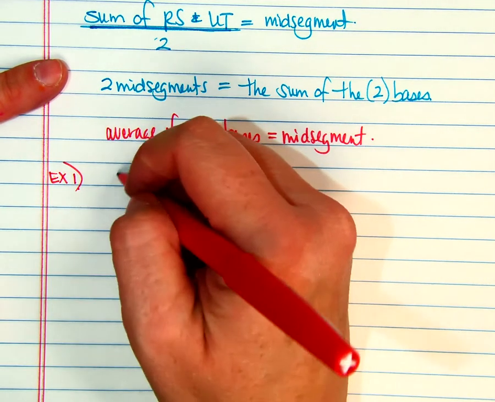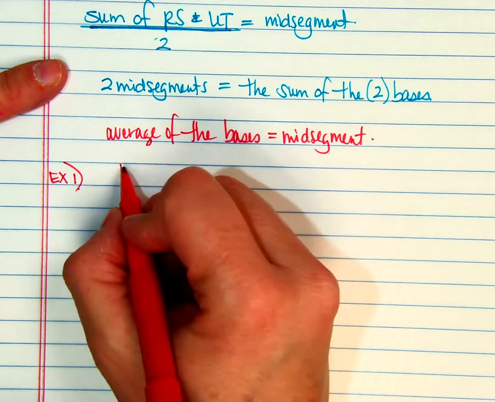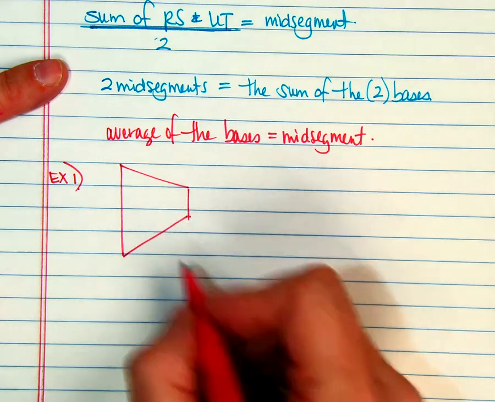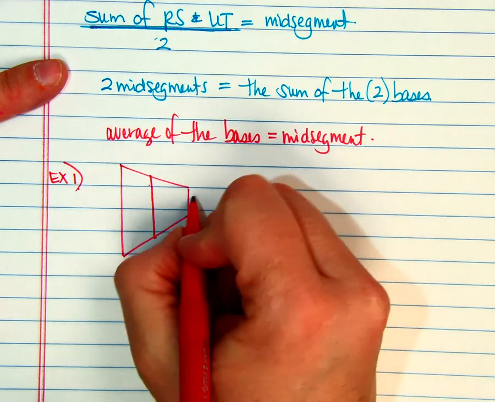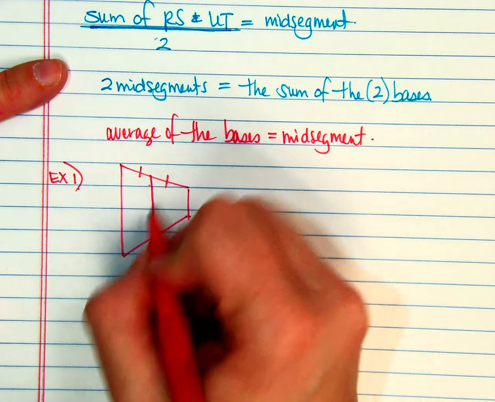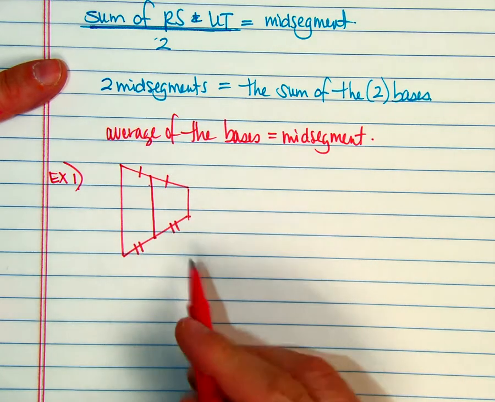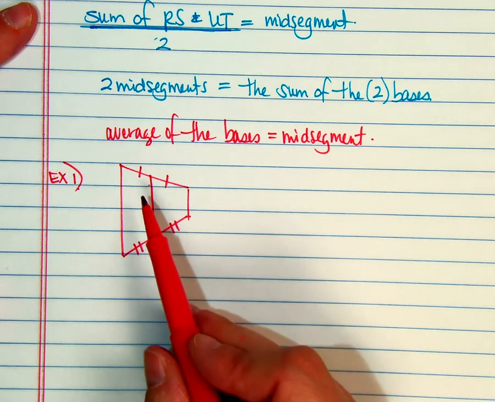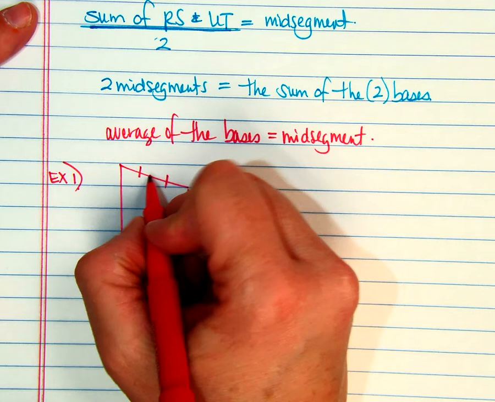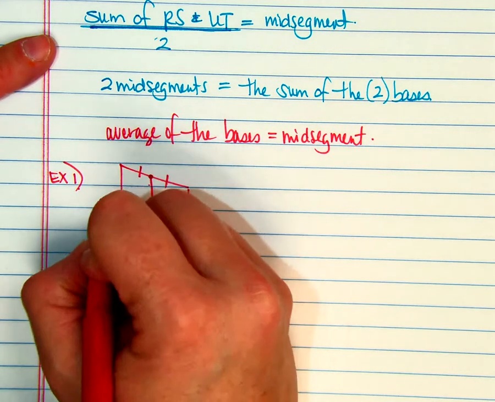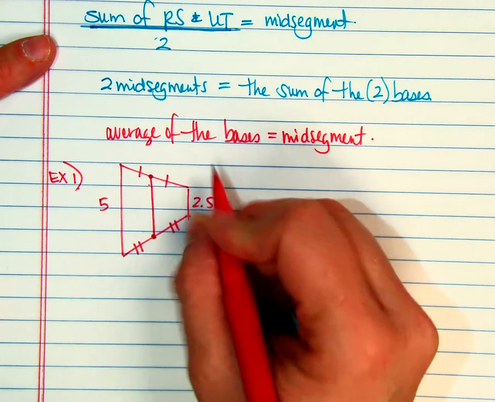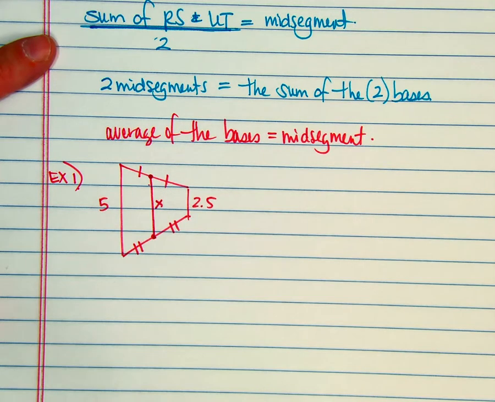So if I have a trapezoid, and I know that you can either say that that's a midsegment, or it's just going to show you the congruency tick so that you know that these are, in fact, midpoints. If this is 5 and this is 2.5, so how long is X, or how long is the midsegment?